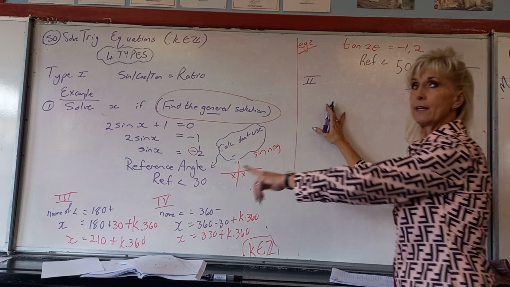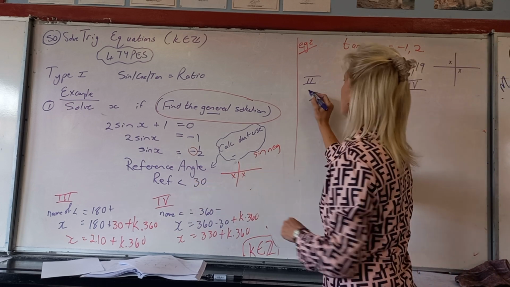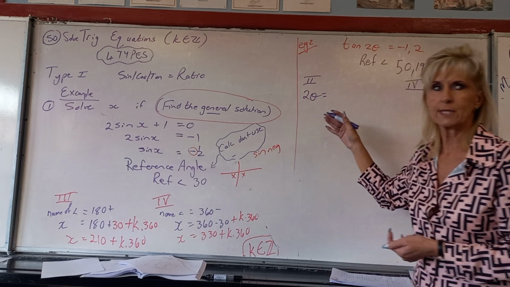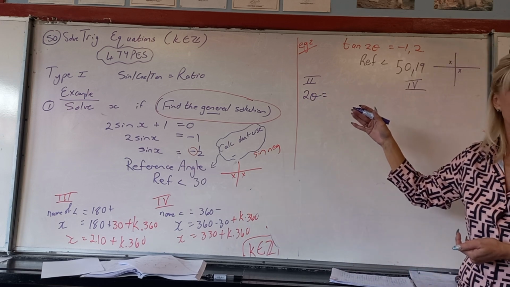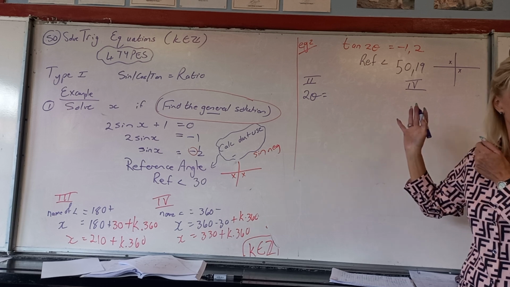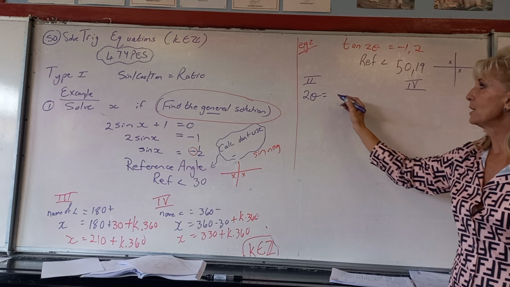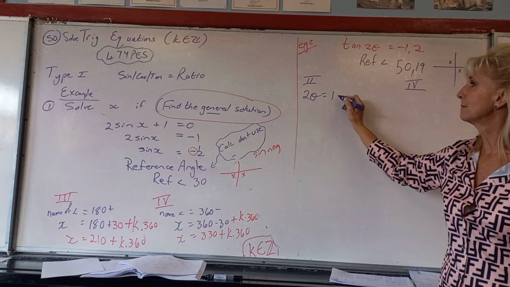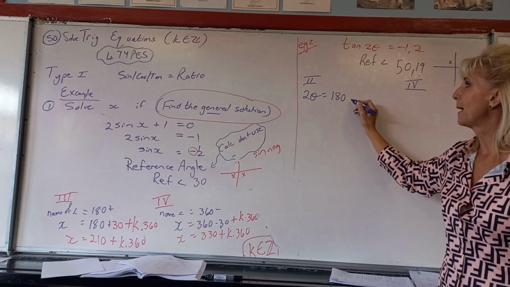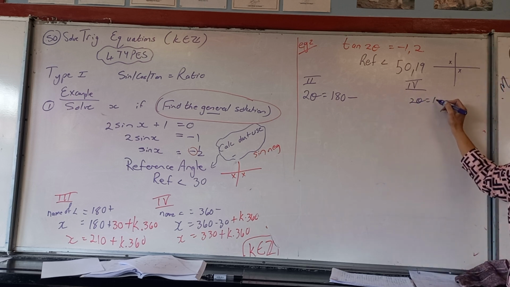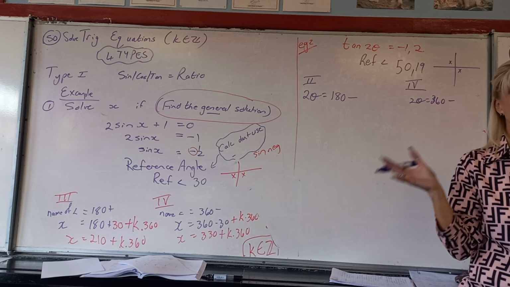Then we write down the name of the angle, which is 2 theta. And now I know what's going to happen once I've got that 2 theta. I'm going to divide the whole thing by 2. Then I can, because now I'm going to be with angles. But in quadrant 2, you immediately write 180 minus, and 360 minus, and in quadrant 3, 180 plus.